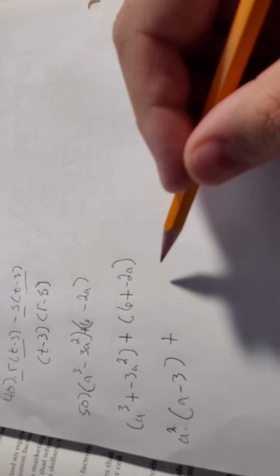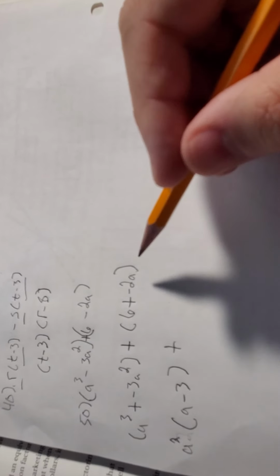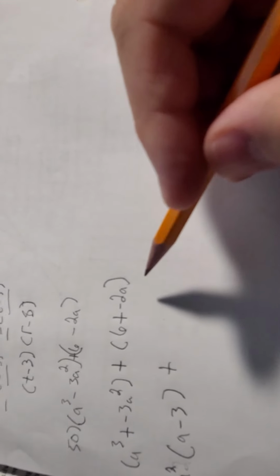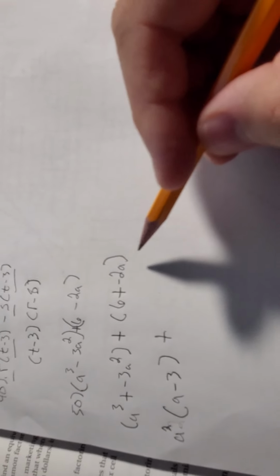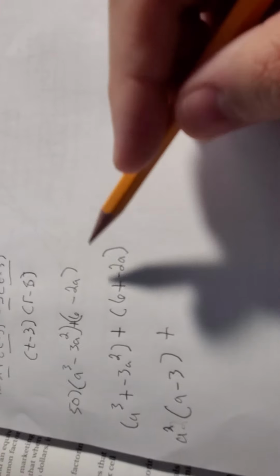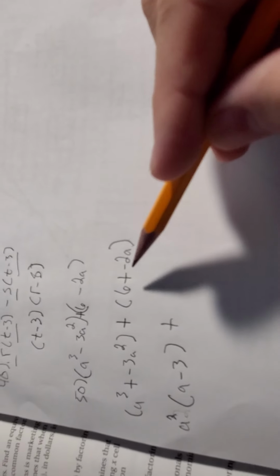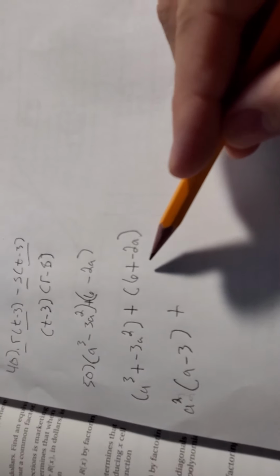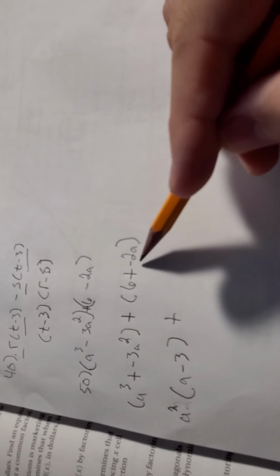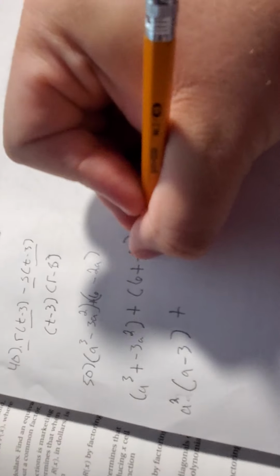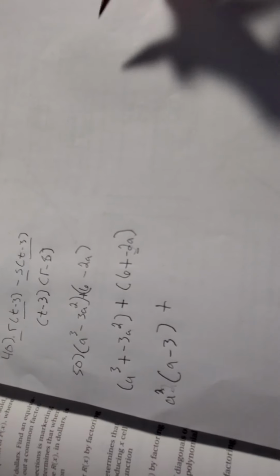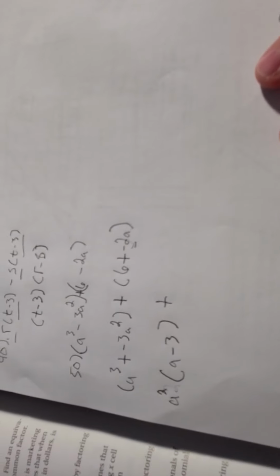Going to the second part of the problem, we don't have the same variables, so we can't use the same method as beforehand, and we need to think of this a little differently. I'm going to ignore the a variable there. Between 6 and negative 2, what's something common to both? It's going to be negative 2, because that's our smallest number. That would work for both, because 3 times 2 is 6, and negative 2 times 1 is negative 2.